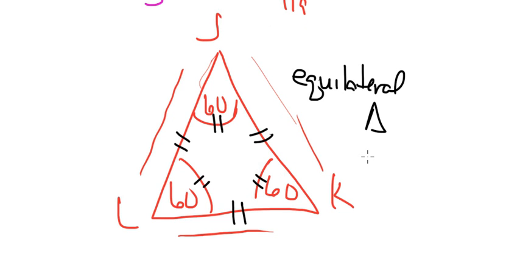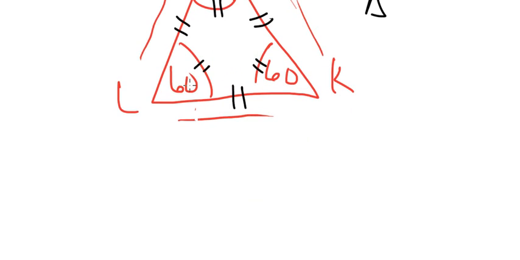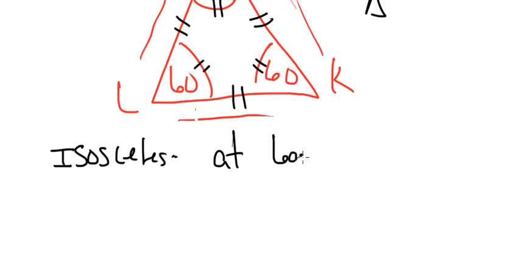Let's talk about an isosceles triangle. Does anybody know what an isosceles triangle is already? Yeah, exactly. An isosceles triangle is where you have at least two, not only two, at least two sides equal in length, right?